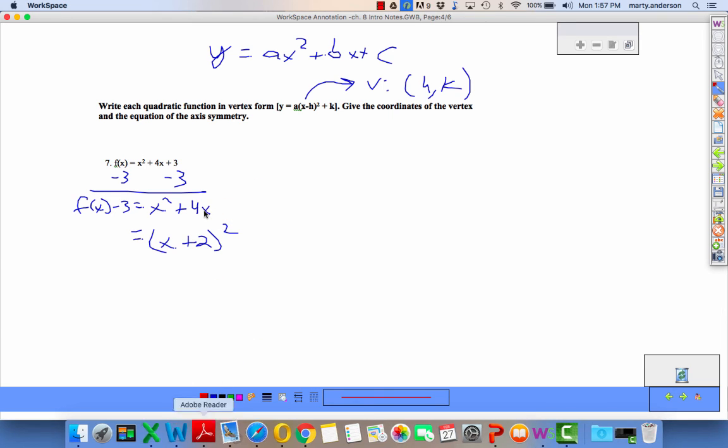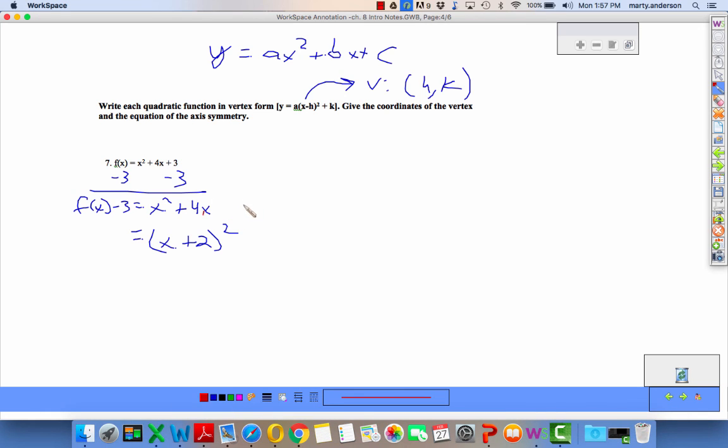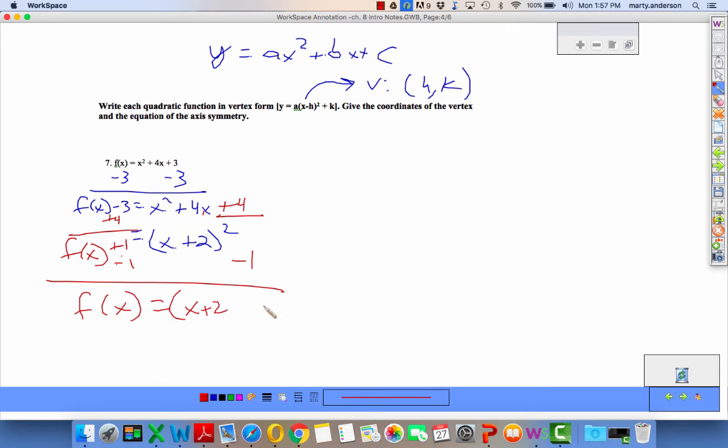Pay attention. So I square that and I get plus 4. But if I add 4 over here, I got to add 4 over here. So I get f of x, negative 3 plus 4, plus 1. Now I got to subtract that 1 back over, and I get f of x equals x plus 2 squared minus 1.